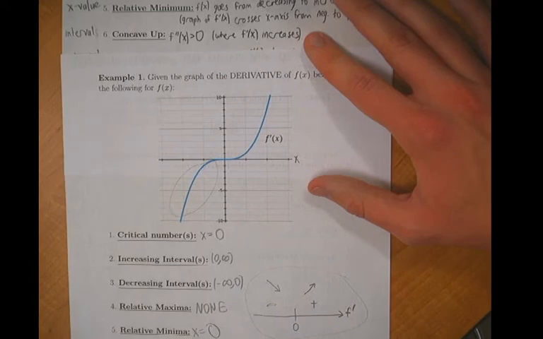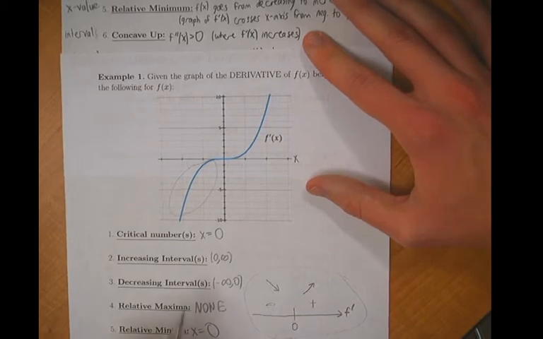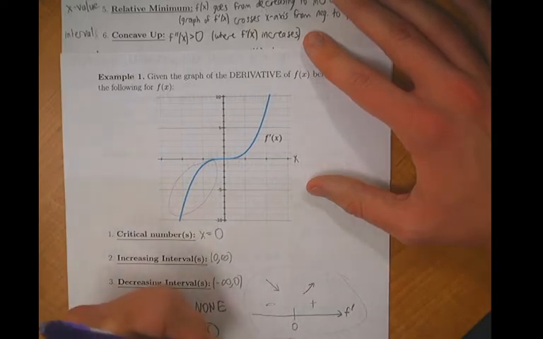Actually, let's give someone else a chance. Take a look at our function here. Where's f prime of x increasing? Is it negative infinity to positive infinity? Exactly. So negative infinity to positive infinity.